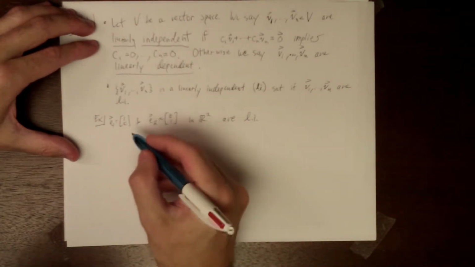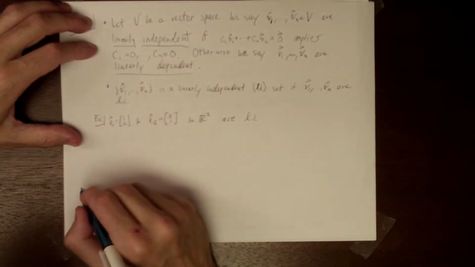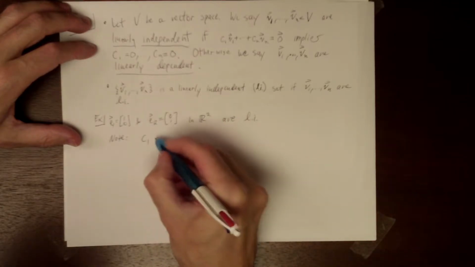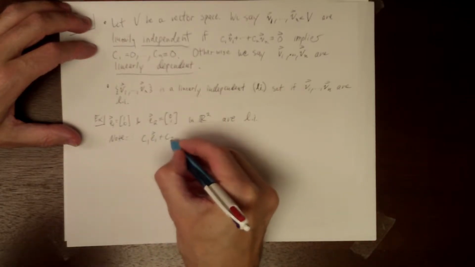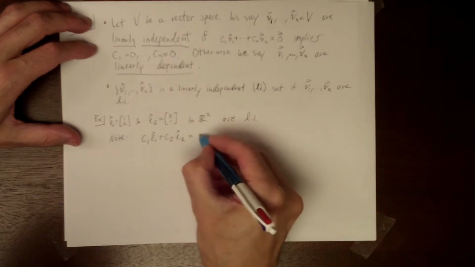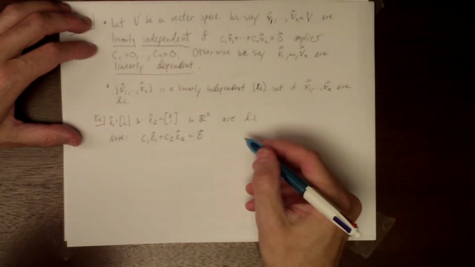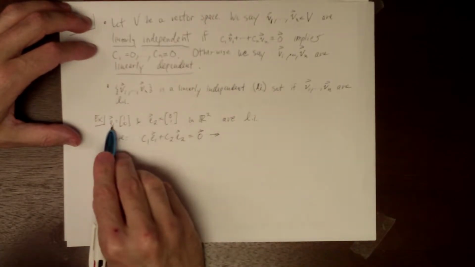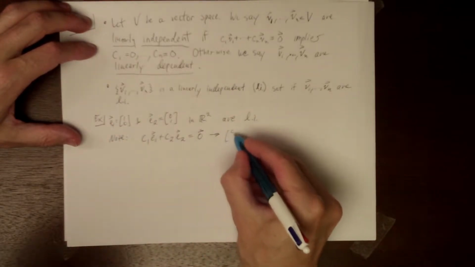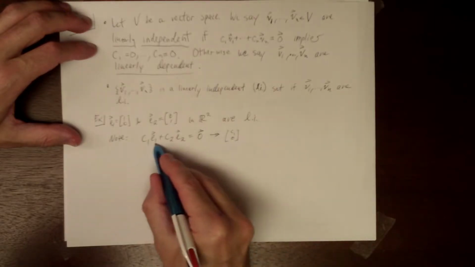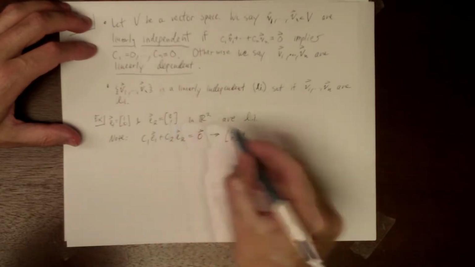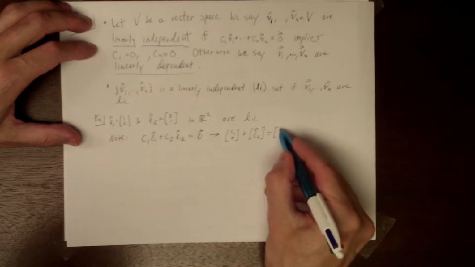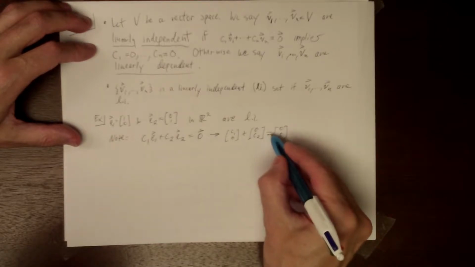So you show that just by doing this. If you set up c1 e1 plus c2 e2, and just set that equal to the zero vector, what do you get? c1 times this vector 1, 0 is c1, 0. Plus c2 e2 is 0, c2. And you're setting that equal to the zero vector, which in R2 is 0, 0.